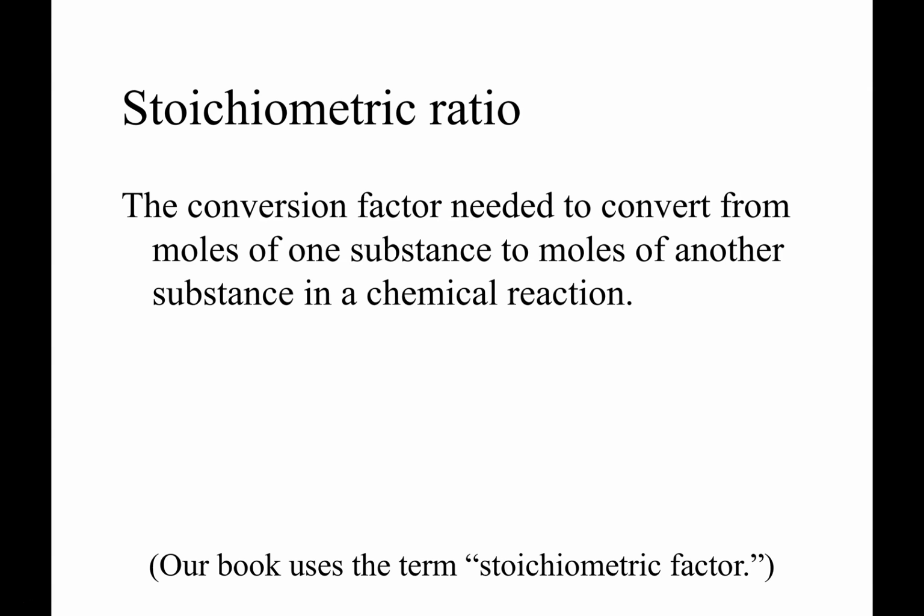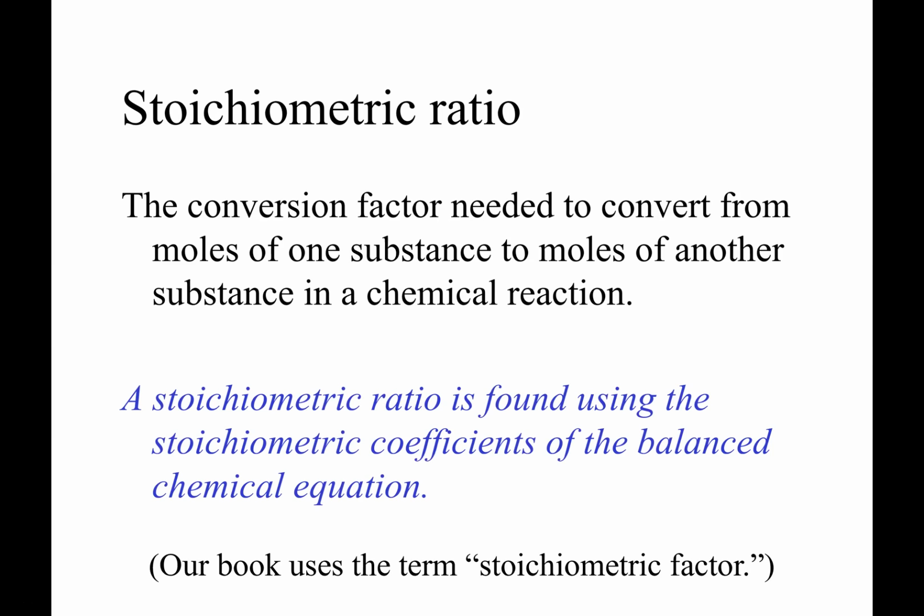We are going to use our stoichiometric coefficients to create stoichiometric ratios. There's lots of stoichiometric things going on here: stoichiometry, stoichiometric coefficients, stoichiometric ratio. All a ratio is, is something in the numerator and something in the denominator. We've been using those a lot to our benefit to make units cancel and get down the road.